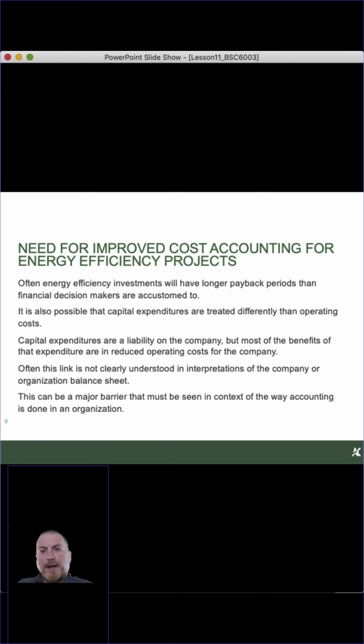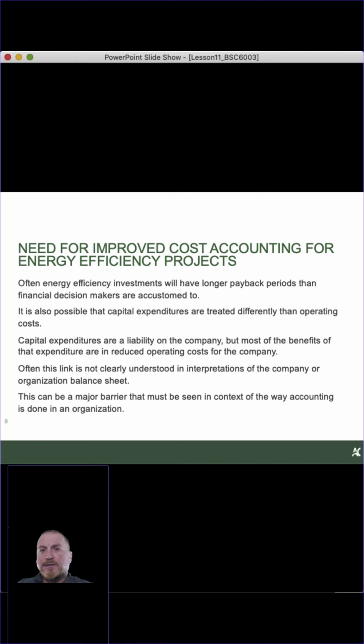So you often have capital expenditures over here and operating costs and operating returns over here, and neither the twain shall meet. So these capital expenditures are simply seen as debt for energy management, but they're not awarded the credits they get from lowering operating costs or enhancing operating revenue.